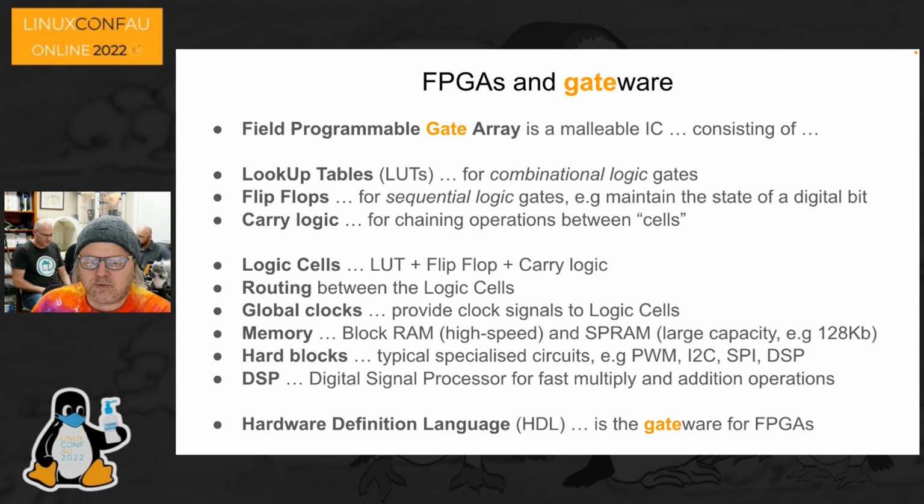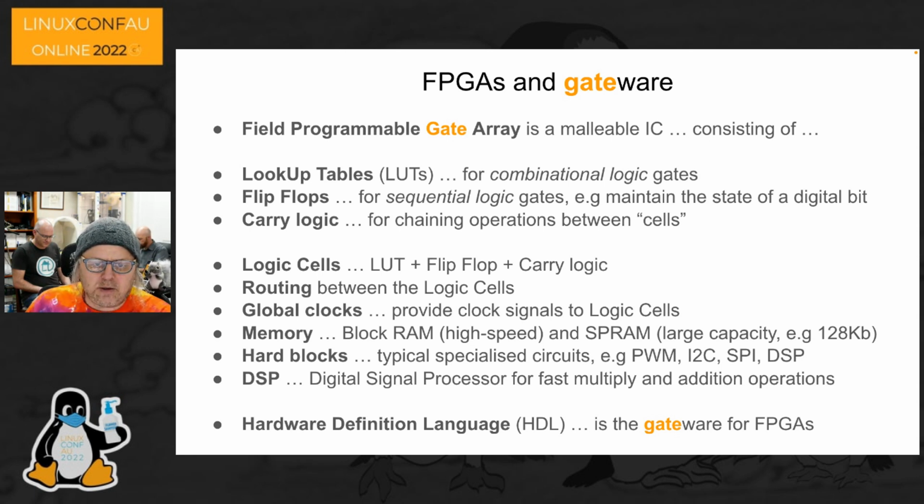So if you've got a number of cells and you want to make a shift register or something like that, you can chain the output from one cell to the next. And so these logic cells are a combination of a lookup table, flip-flop, and the carry logic. On the FPGA that we're using in the Rockling, you have about 5,000 of those lookup tables.